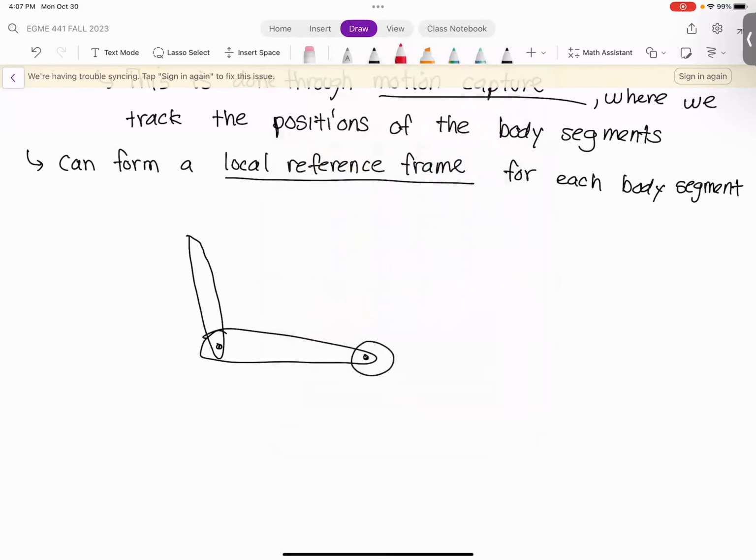All right. And so if we just look at the 2D system, although the 2D system is a little bit simplified compared to what we do, I think this is easiest to see. For each body segment, we can attach an X and Y axis to them.